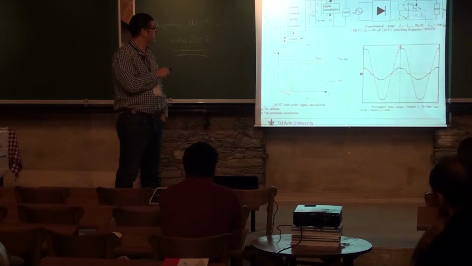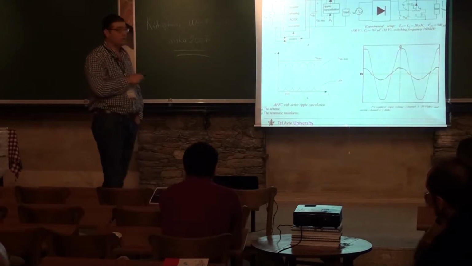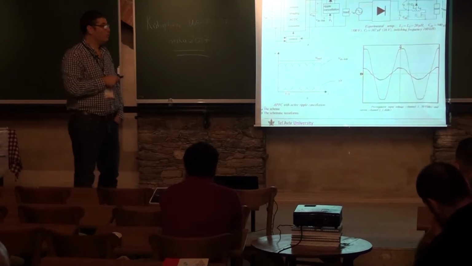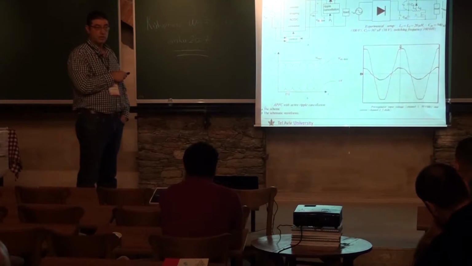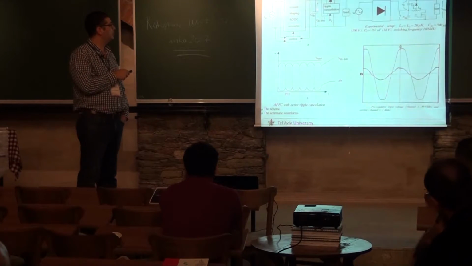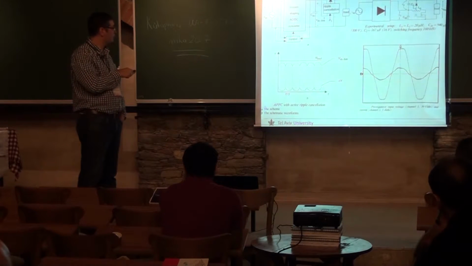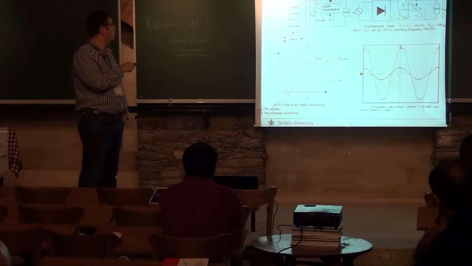Now the thing is that this capacitor, in addition to the DC voltage, has a certain ripple at twice the line frequency. And there is nothing you can do in order to not have it by means of controlling. Because if you try to implement a tighter control here to avoid the ripple, then you disturb the input current.